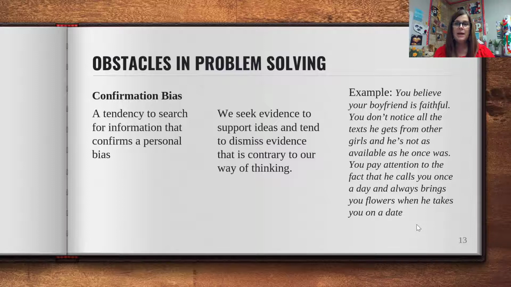But you pay attention to the fact that he calls you once a day, and when you see him for a date, he brings you flowers. So regardless of the fact that he's not texting you and you're not seeing him as often, you disregard that because confirmation bias tells you that he is still being faithful to you.